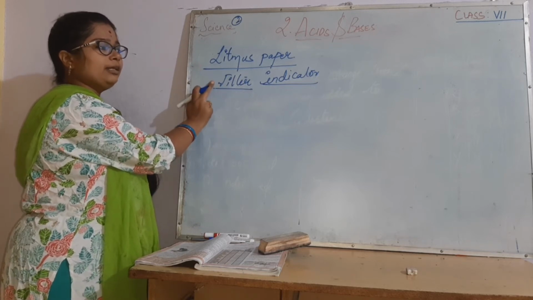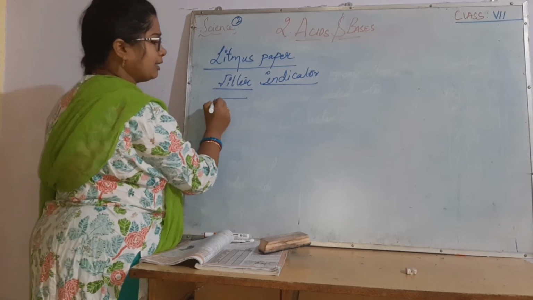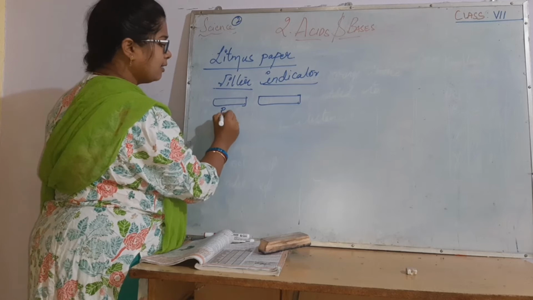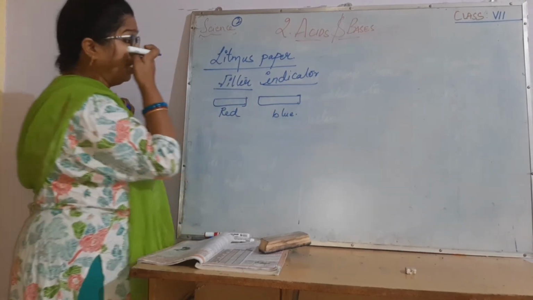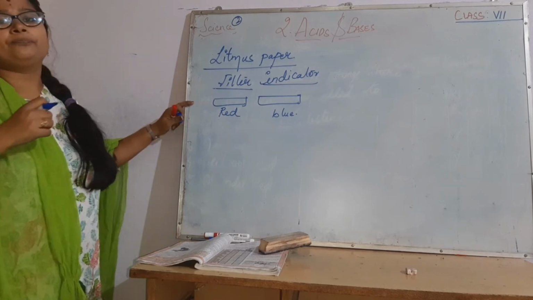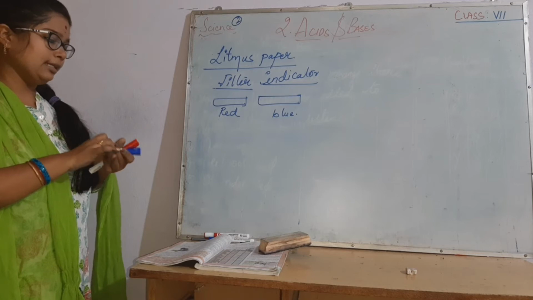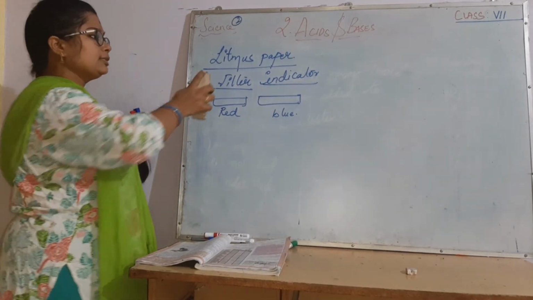So with the filter papers we are going to make strips. They will be available in red and blue in color. See table 3. Here are some substances given.